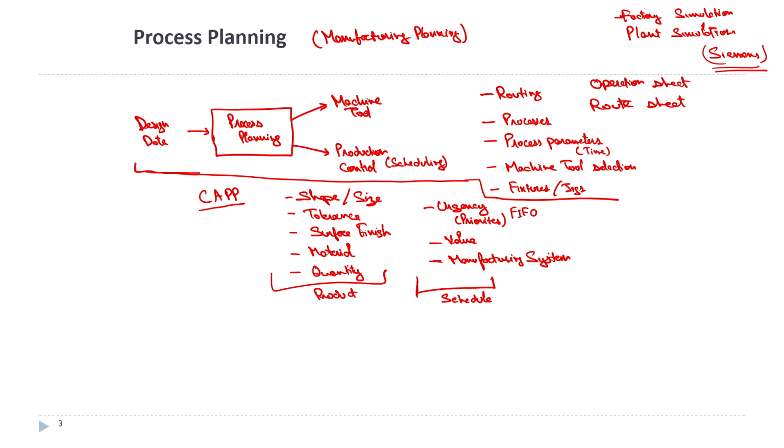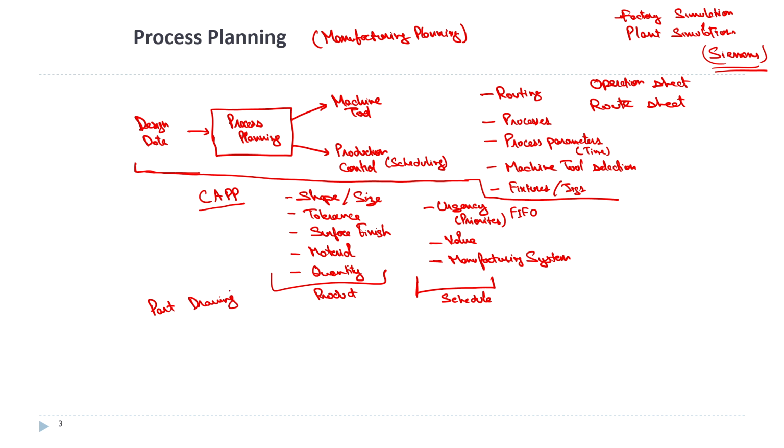Now, when we talk about the shape, size, tolerances of the product, we always have to consider the part that we are trying to manufacture. That is, we need to have a part drawing with us. The part drawing has the geometrical and dimensional information.